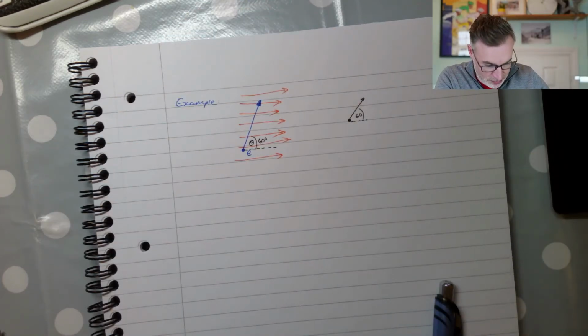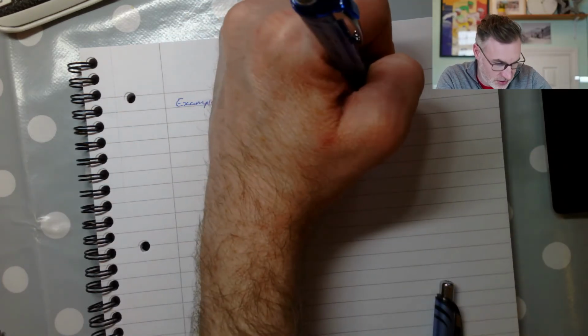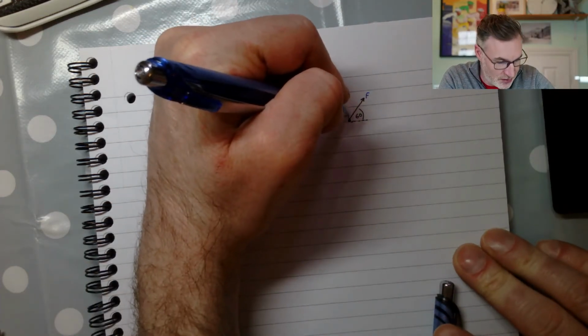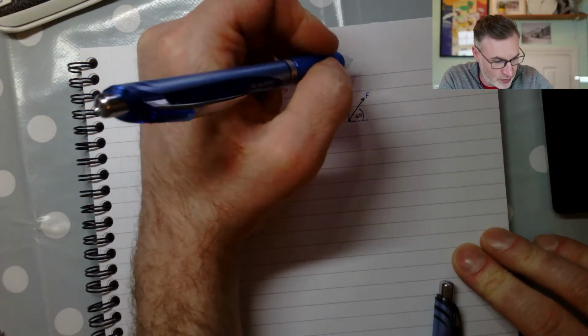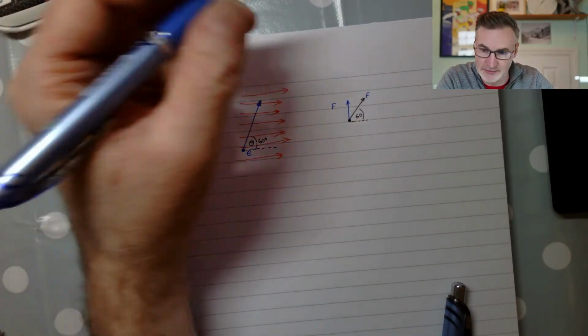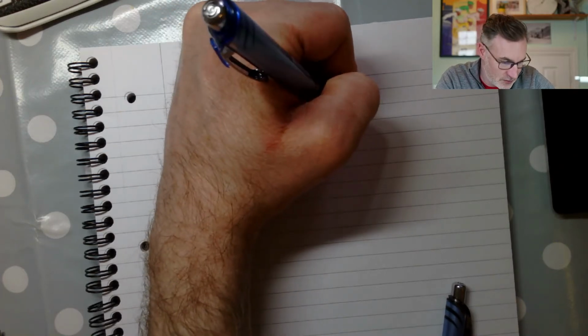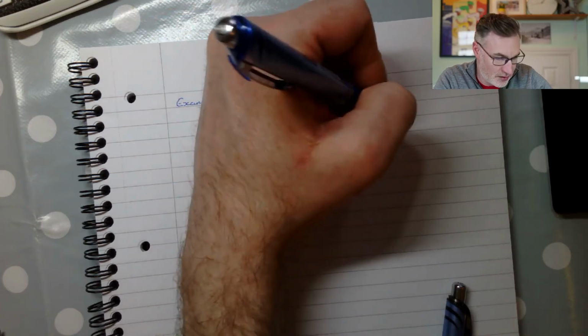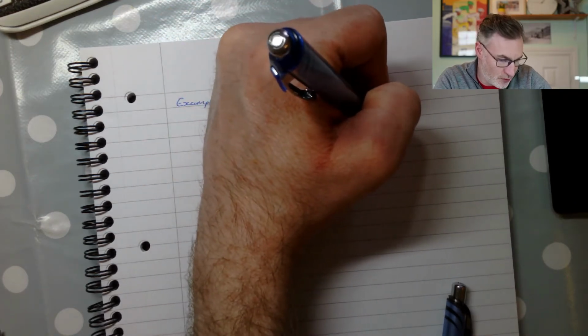Now we can split up the force, so this is going to have a force that's being applied to it, but we can split this force up into 2 separate components. We'll have a force that's perpendicular, so that's going to be perp, and there'll also be a component of force that's parallel.